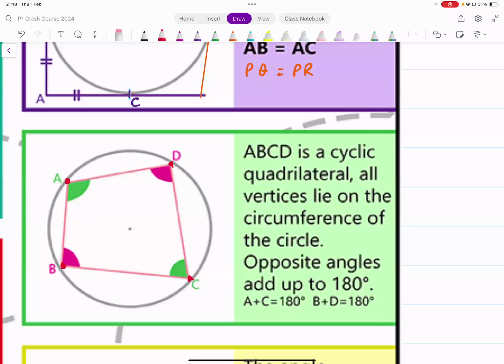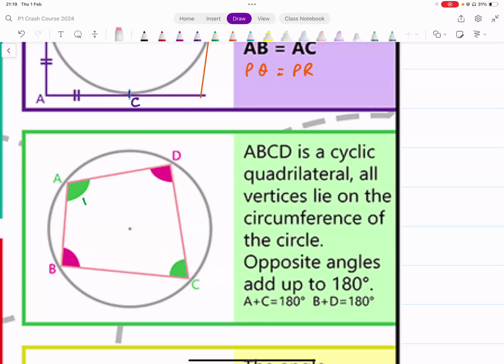Now, for a cyclic quadrilateral, we know that the opposite angles are supplementary. Supplementary means they add up to 180. So if you knew that this angle, for instance, is 120, then the other would be 60. Although it doesn't look like 60.